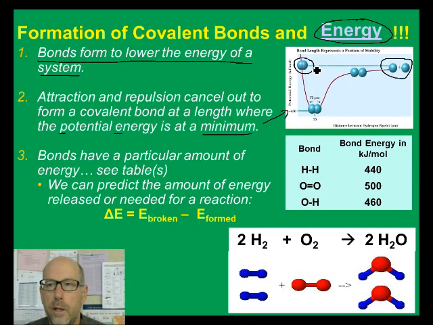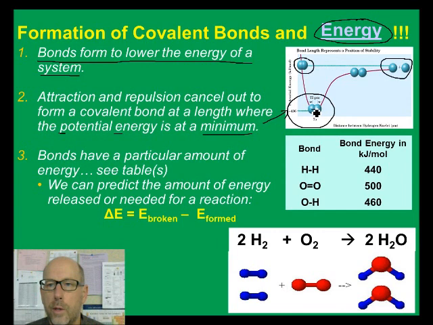Well, neither of those is an ideal situation, and they have high energy. So energy is on this axis right here, high energy. But there comes a point at which the atoms are just the right distance apart. That's right down here, where the bond energy is the lowest, and so that's where they establish the bond length, the distance between the two atoms.